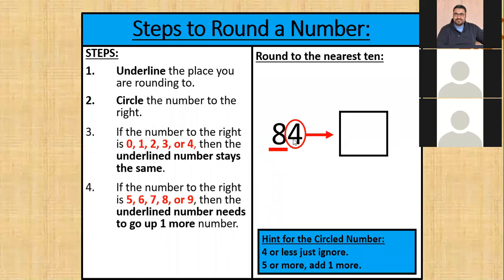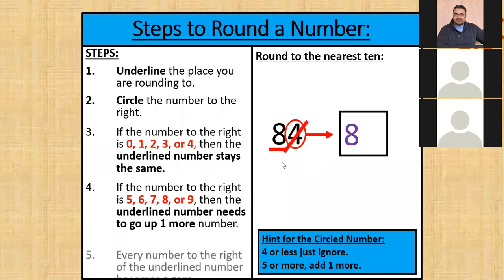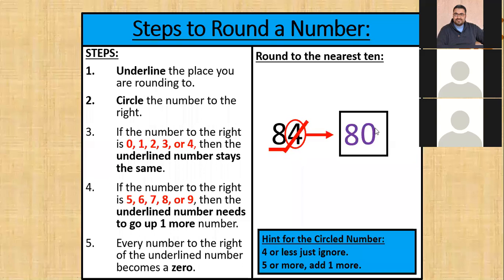No, 4 is a poor number. If the number to the right is 0, 1, 2, 3, 4, then the underlined number stays the same. So here we are going to write 8, the same without any change. And the last step, cancel 4 and write 0. This is a fixed step. All the time we will cancel this number here and write 0.